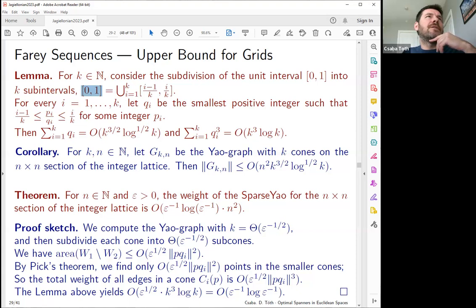And for each of these cones, we want to find the smallest element of the Farey sequence that's in that cone.